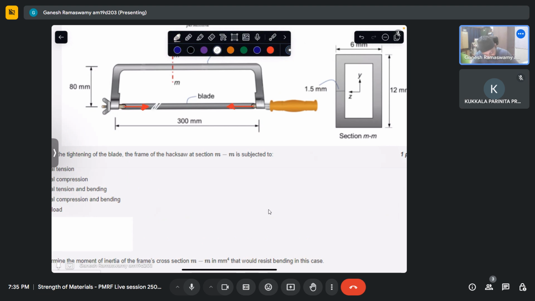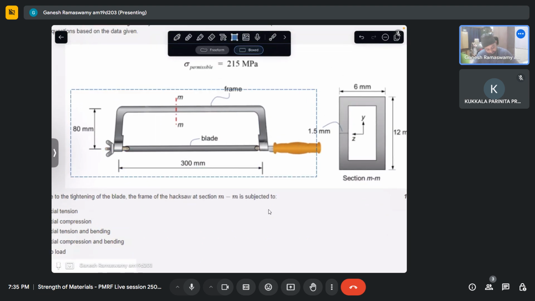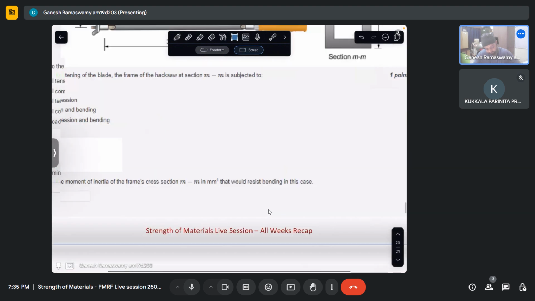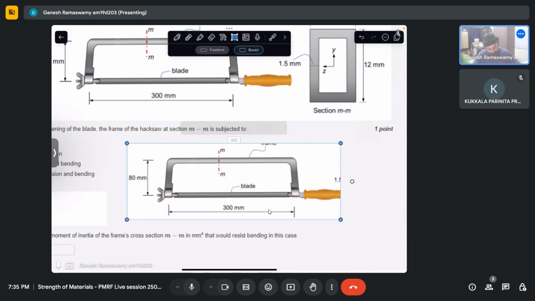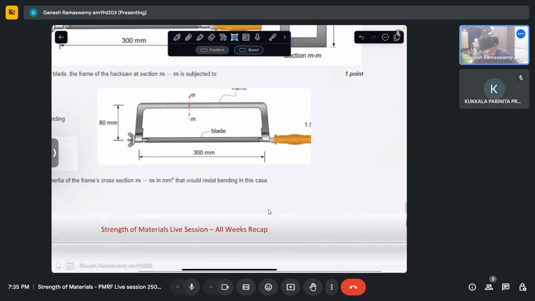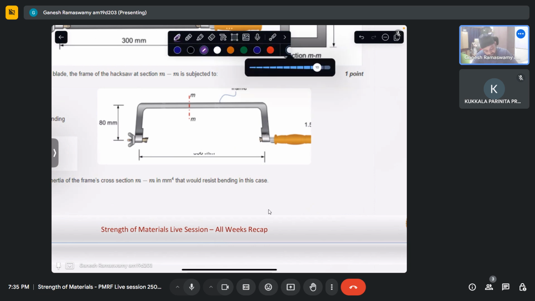Let me take an image of this question and put it here. Let me remove the blade to draw the free body diagram. I have removed the blade, and the blade would actually be applying a force like that.